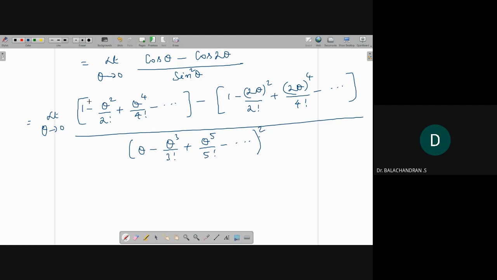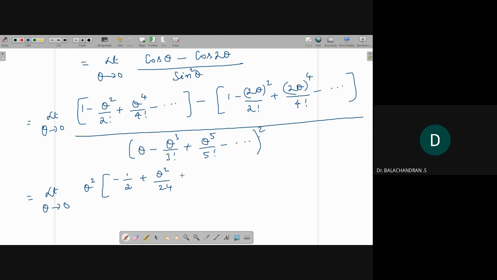So I think you can cancel plus 1 and minus 1. After cancelling, theta square is common in the numerator. If you take theta square common, the remaining is minus 1 by 2 factorial, which is 2, plus theta square by 4 factorial, which is 24.